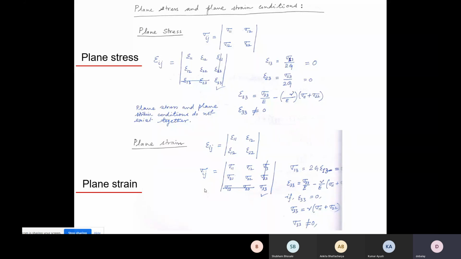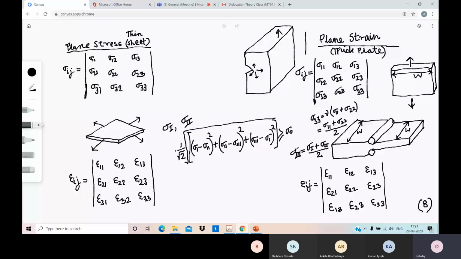Let me quickly go back to the Canvas screen again, because I have prepared one slide on this. Depending on the size of the specimen, I have told you, the loading condition changes.